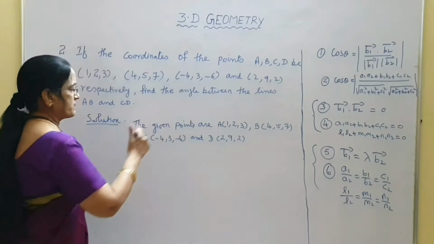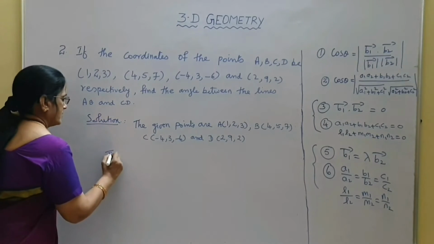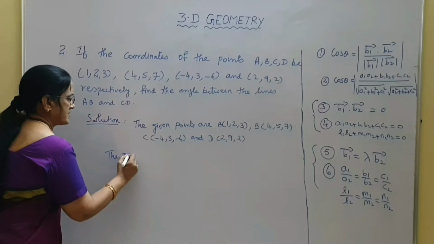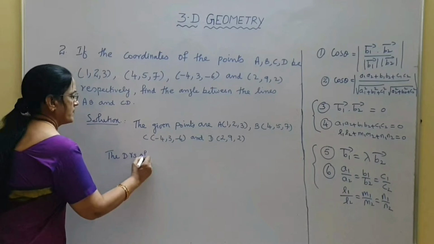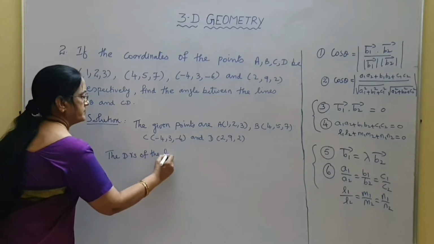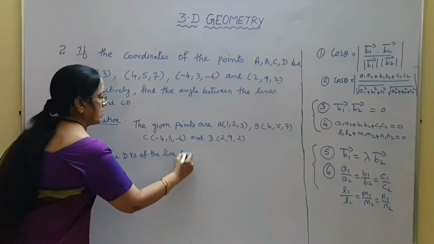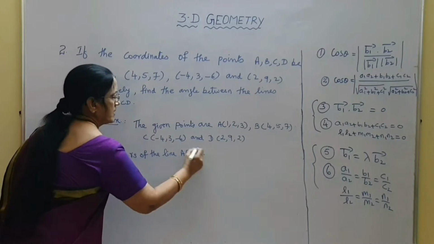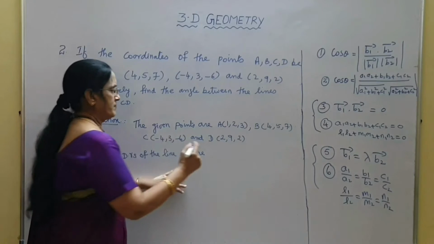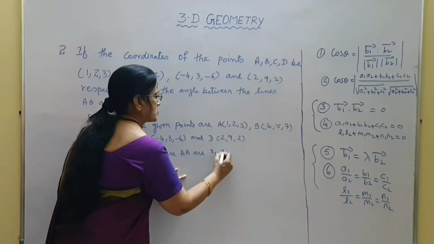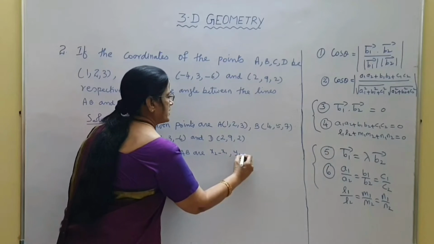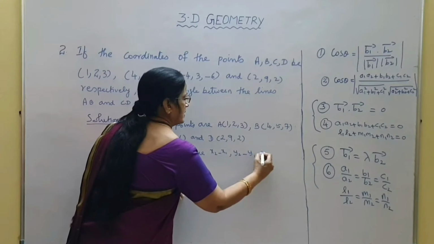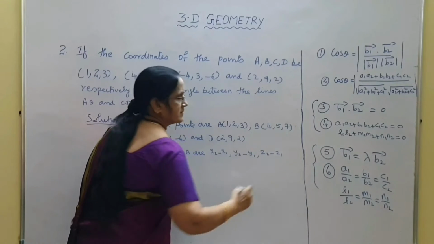Okay, now let us find out the DRs, that is direction ratios of the line AB. First let me write the formula, x2 minus x1, y2 minus y1, z2 minus z1.